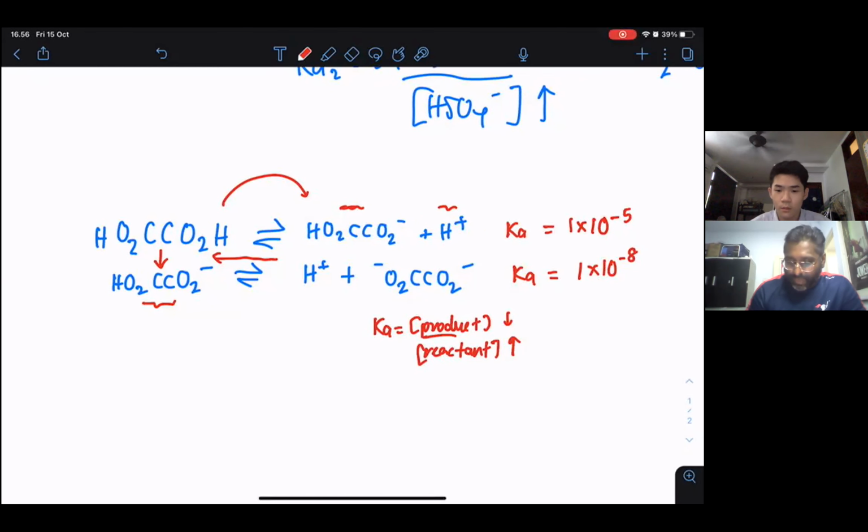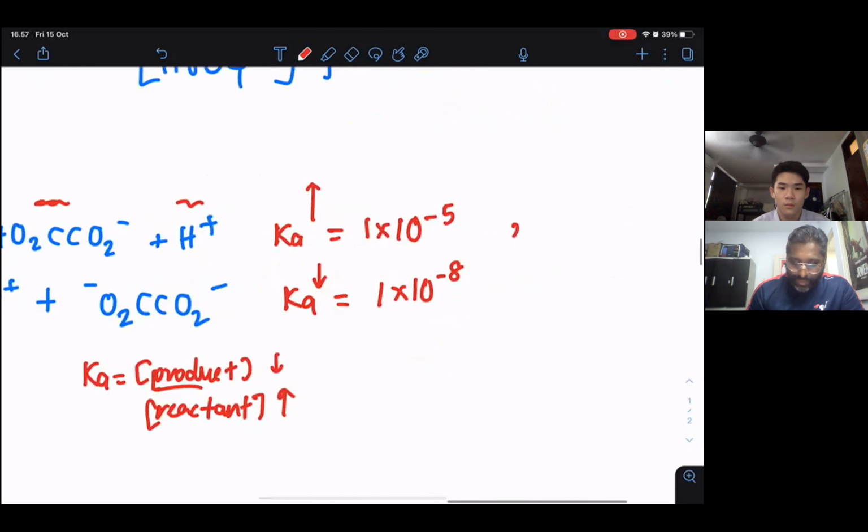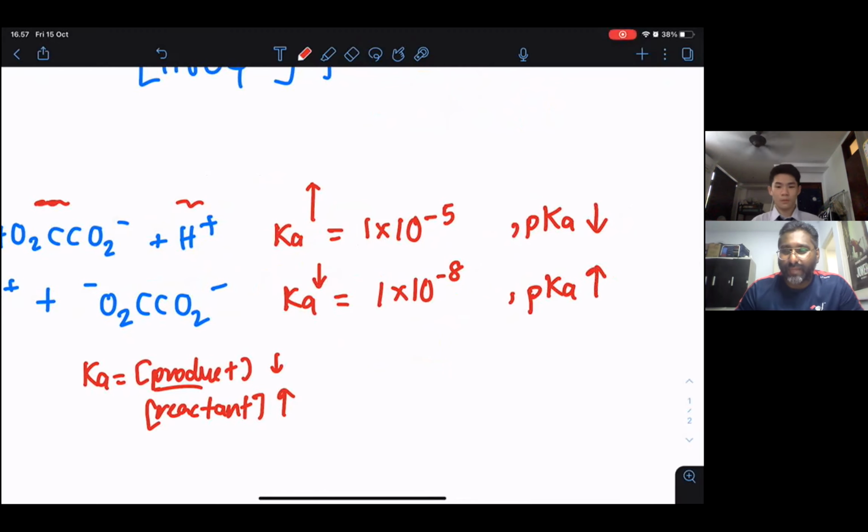So the Ka is more here and the Ka is less here, and that will make our pKa value less here and more over here. I hope this will clear your doubts on this part.